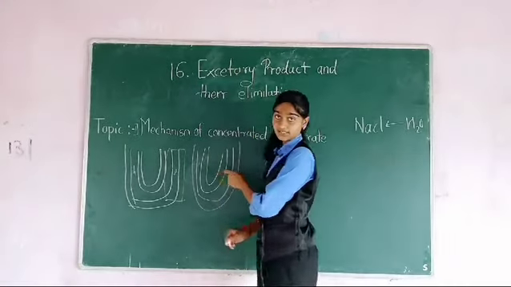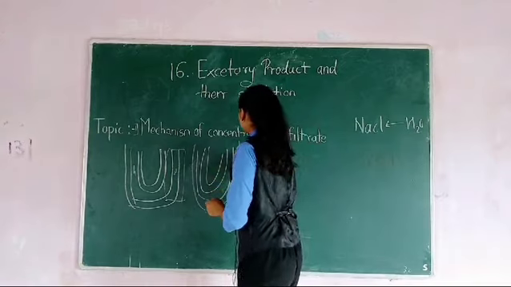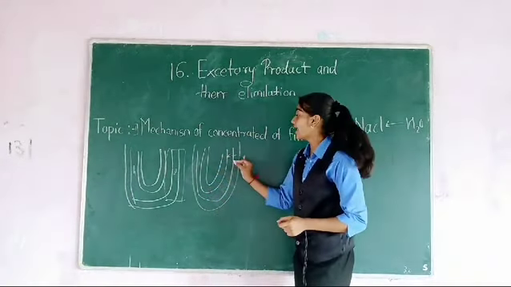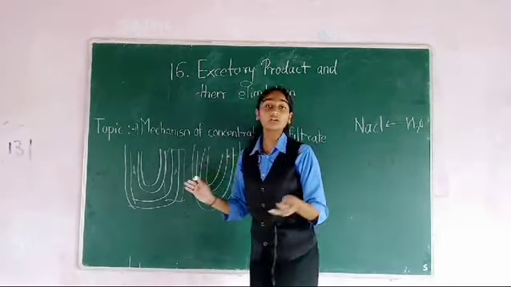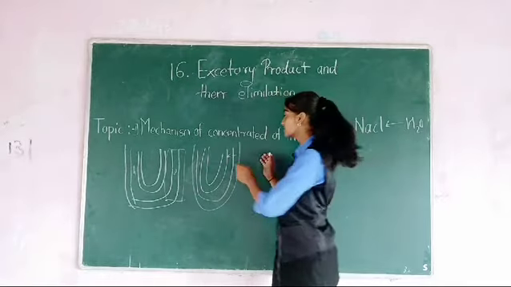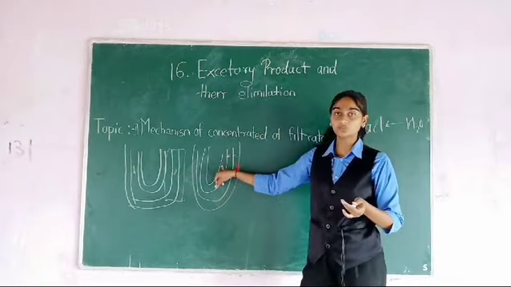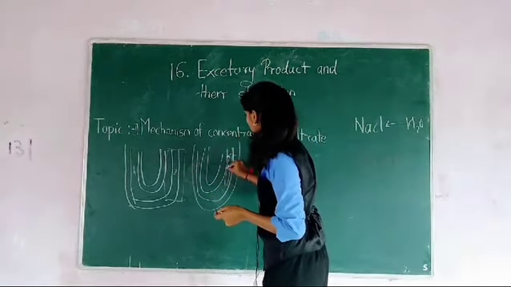If there is NaCl here and water here, the NaCl attracts the water. So water comes out from the vasa recta and goes towards the loop of Henle, but does not enter the loop of Henle. It just stays between the loop of Henle and the vasa recta.